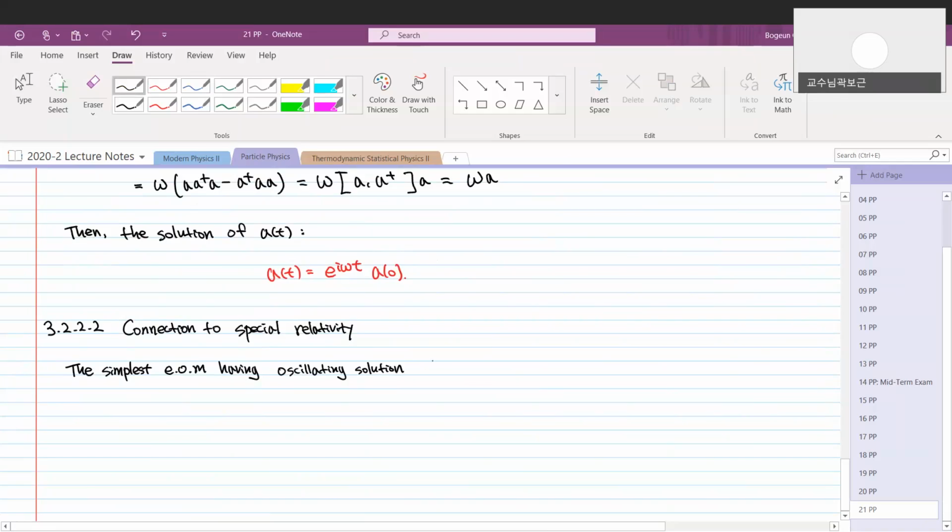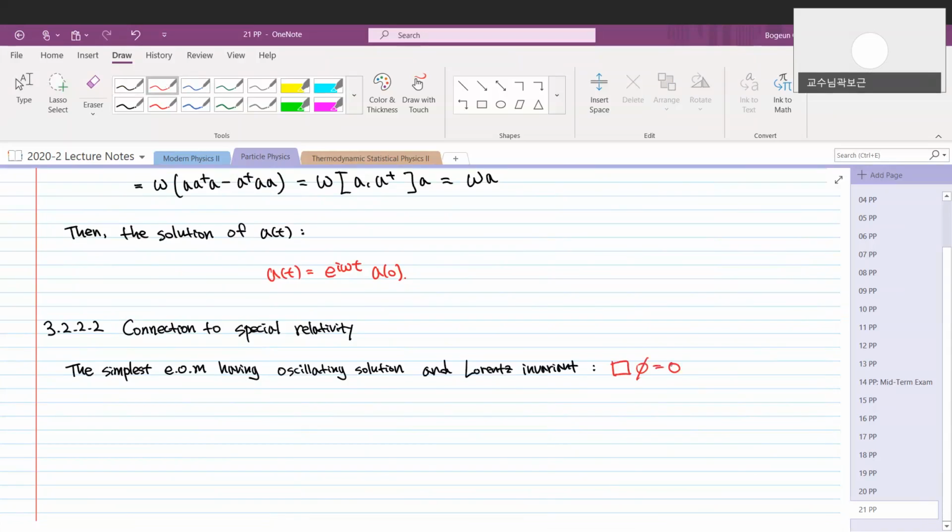It is a Lorentz invariant equation for the scalar field with the d'Alembertian.